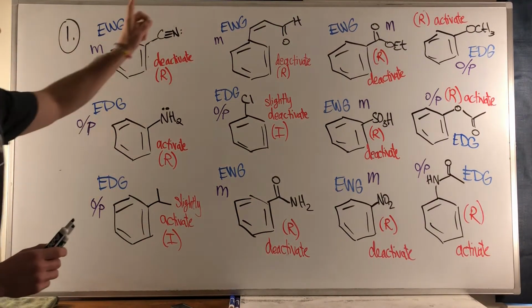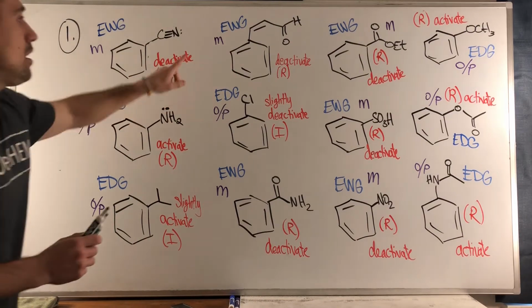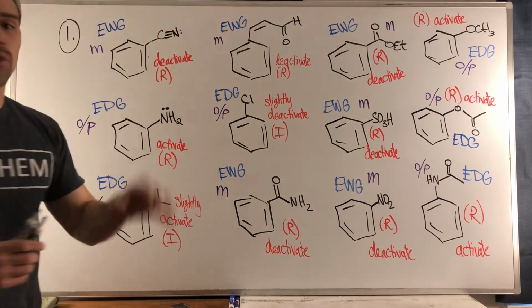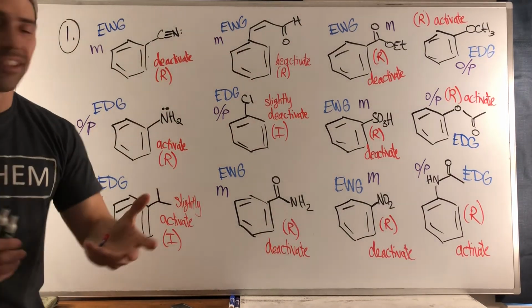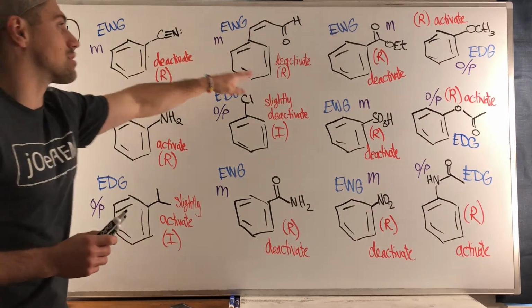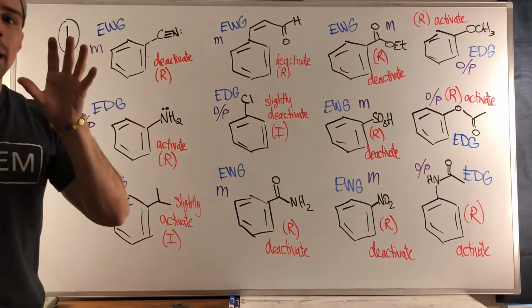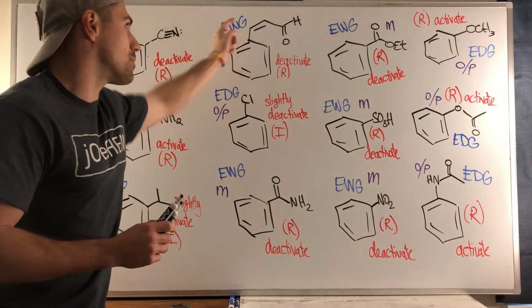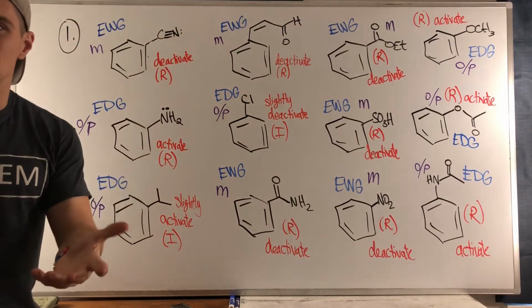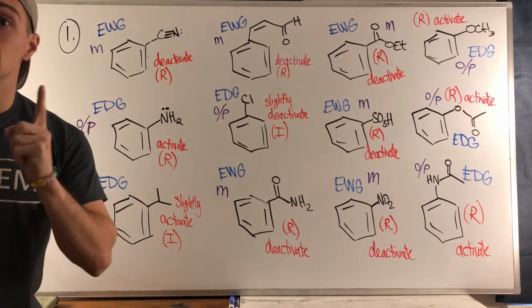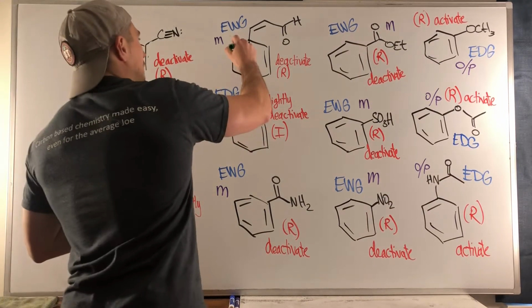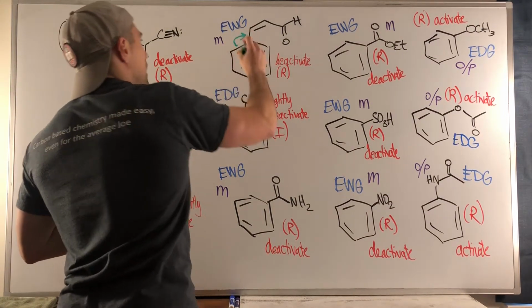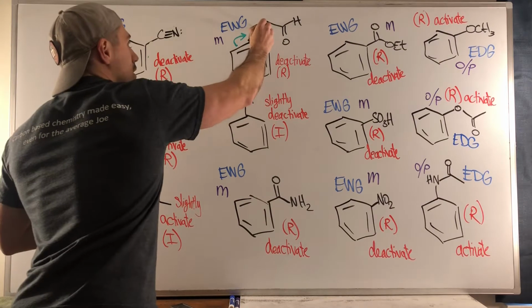Moving on. This one I like, it's a little tricky. Up here, this is actually an electron withdrawing group, and it's kind of in disguise. So it's an EWG, a meta-director, and it deactivates via resonance. But if you look at this carbon right off the benzene ring, that's not super obvious. The resonance shows you otherwise. We can absolutely show electrons moving out of the benzene ring, making a bond right here.